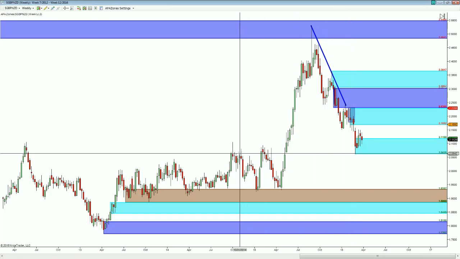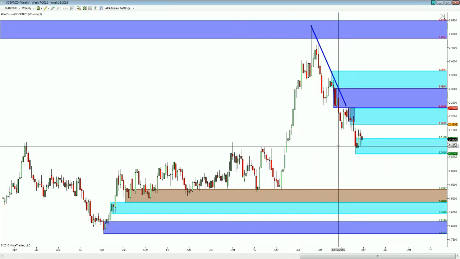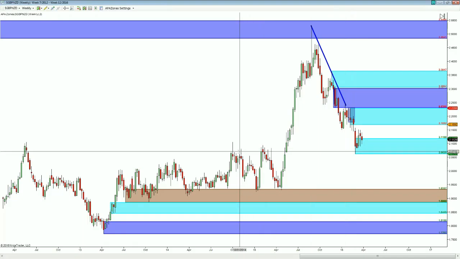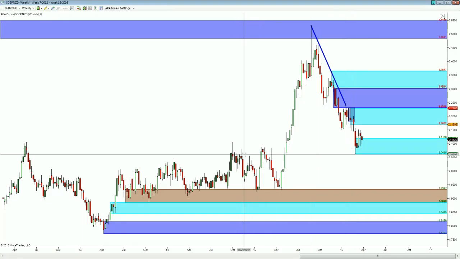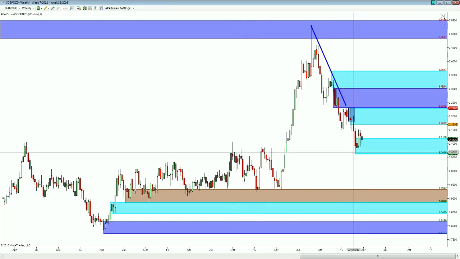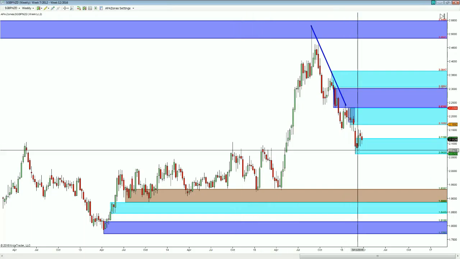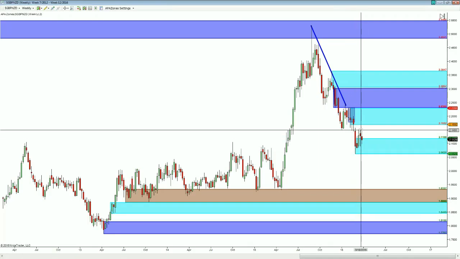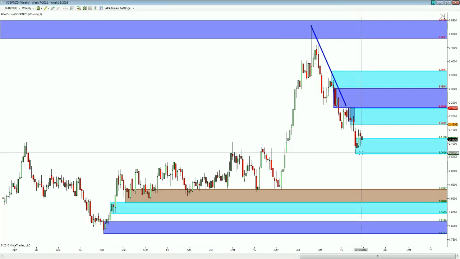We found support here at the top of these resistance, these wicks and bars over here in a flip flop manner, and formed a new demand zone that price just popped out of, and now we find ourselves back in.